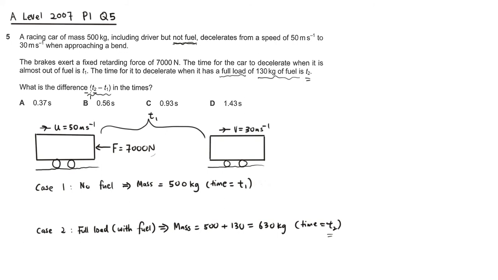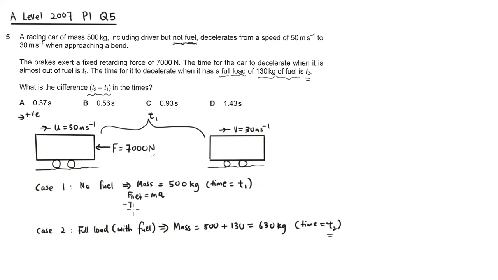Now, you have force, you have time, you have velocities. So the most direct way must be using F net equals ma, Newton's second law. So what is the F net in this case? Let's treat right as the positive direction, so the force is pointing to the left.